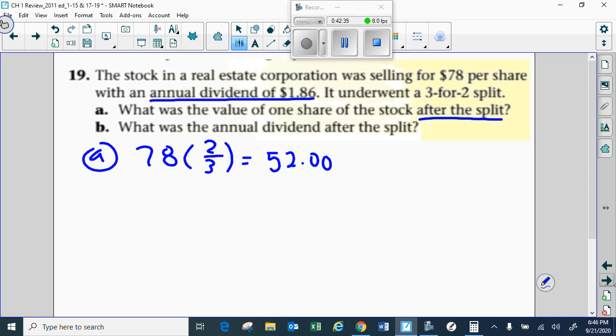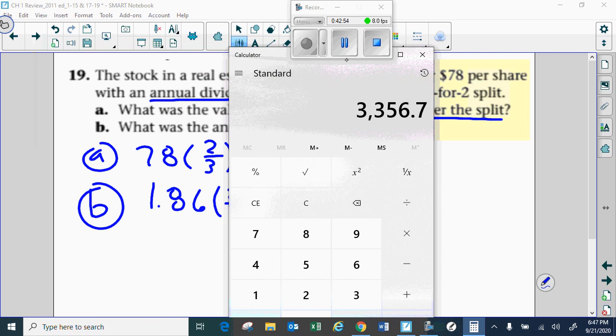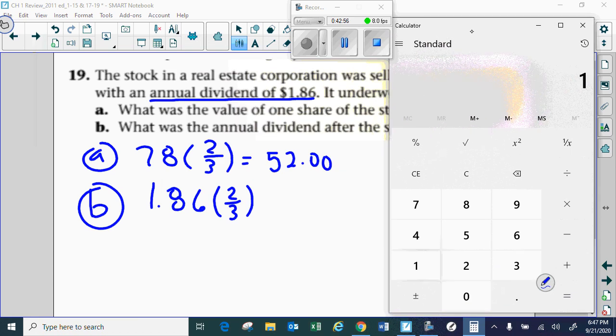Again, you have more shares, so that price has to go down. So again, I'm going to multiply 1.86 times 2/3. You can put that in your calculator. So 1.86, do we have a parentheses?